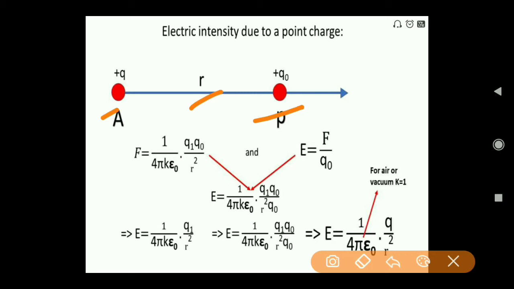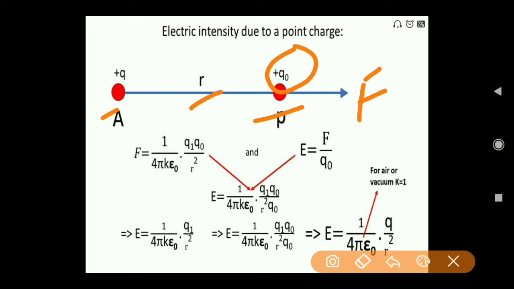We have to place a test charge Q naught, and because of that, the test charge will experience a Coulombian force in this direction, because it is a positive charge, so you will get the repulsion in this direction. So the direction of the electric field is the direction of the force.